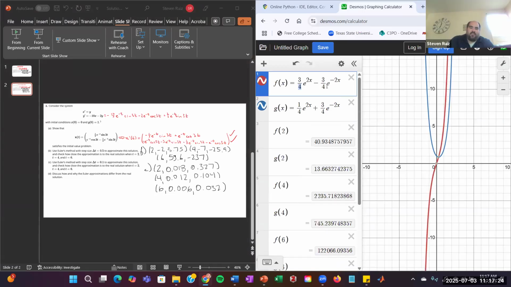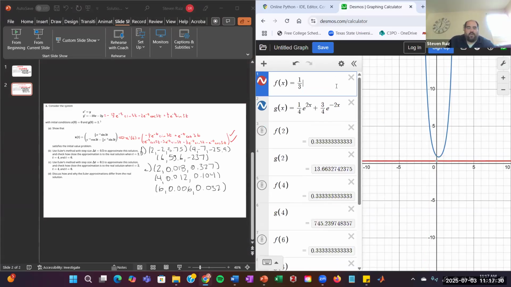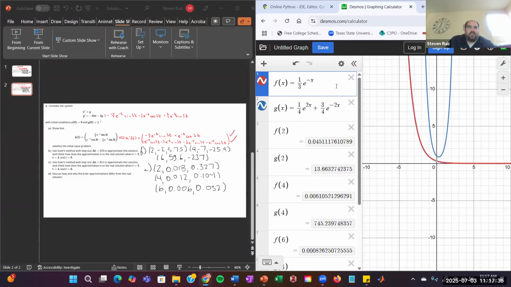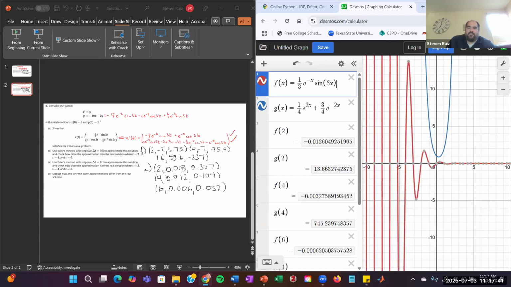So because of that, I believe strongly that part C gives more faithful representations, and it should. I mean, one thing we've said before is that we expect when we use smaller step sizes for Euler's method that we get better results. So for f of x, 1/3 e to the -x sine 3x. So I'm already seeing this diminishing behavior.